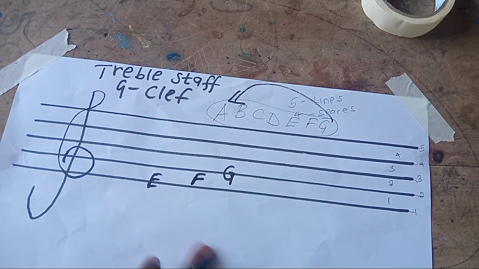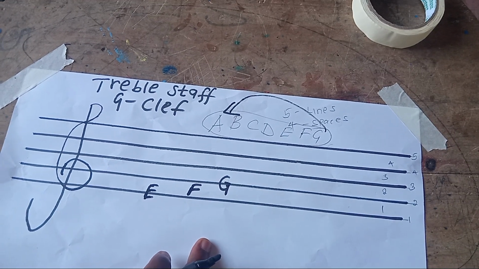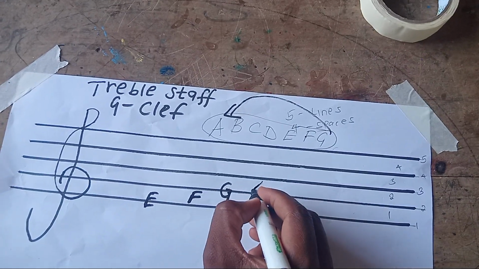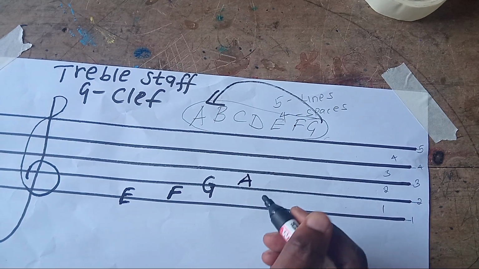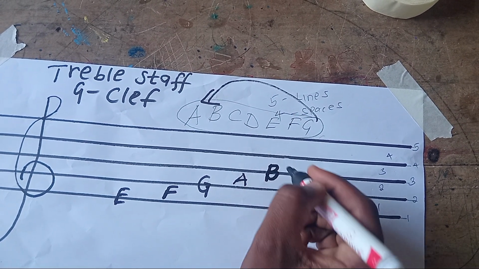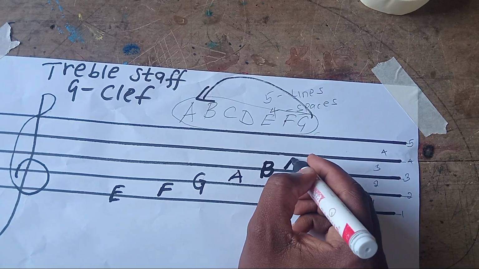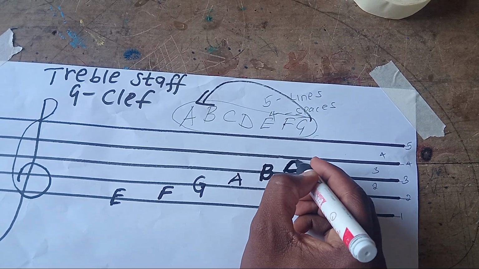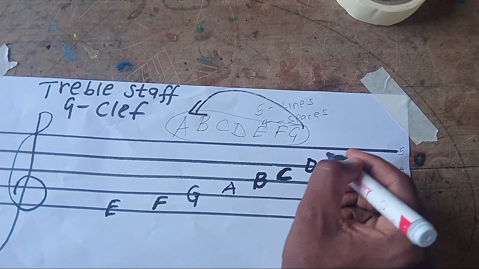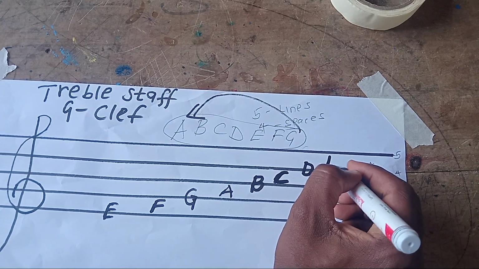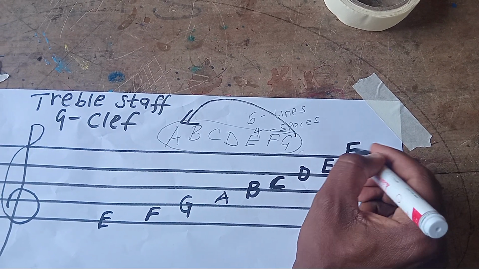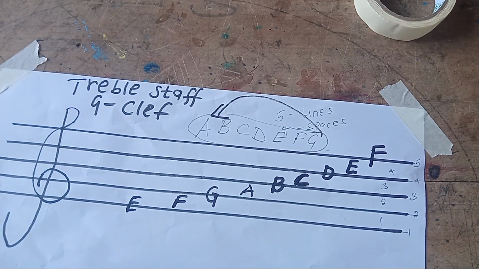So this is G. Where can we go after G? A, not H. So this space will be A. This line will be B. This space will be C. This line will be D. And this space will be E. And the line will be F, like that.